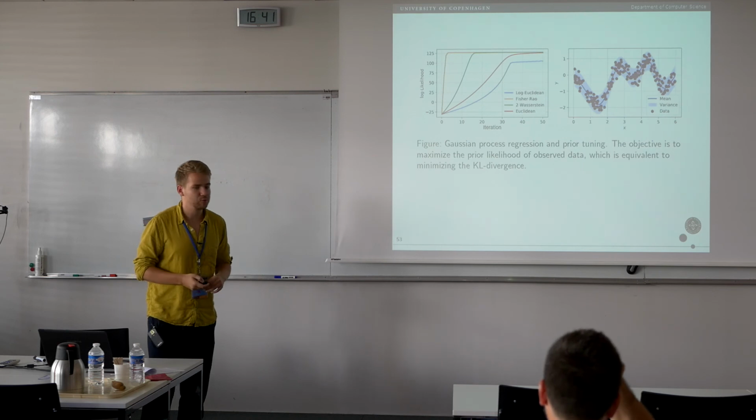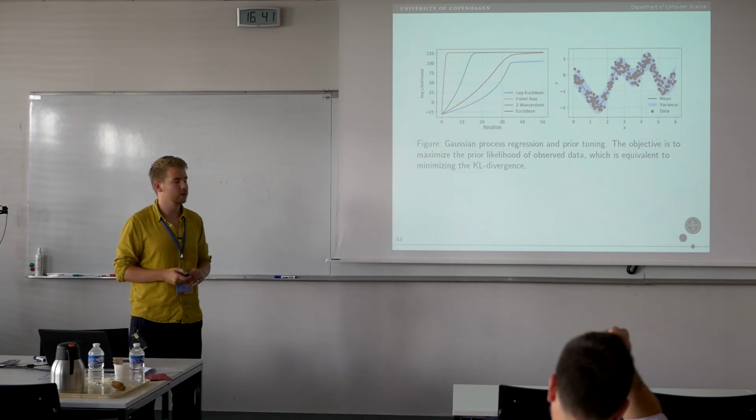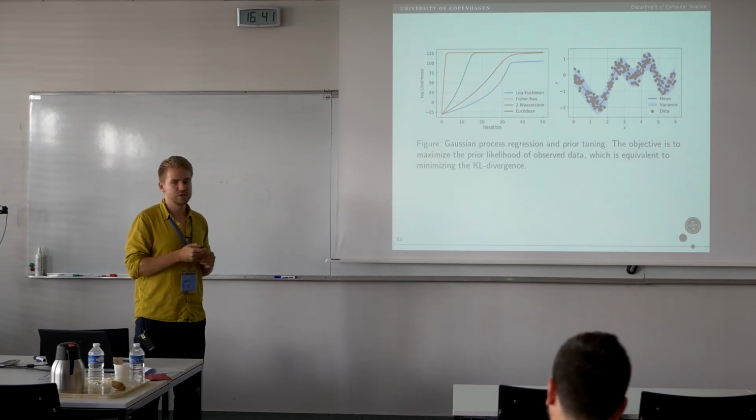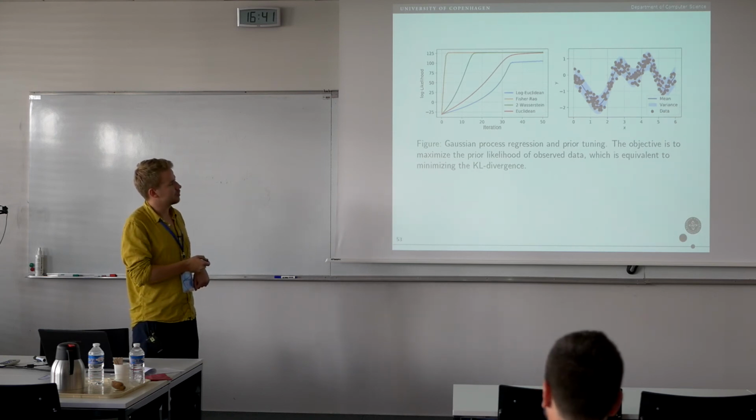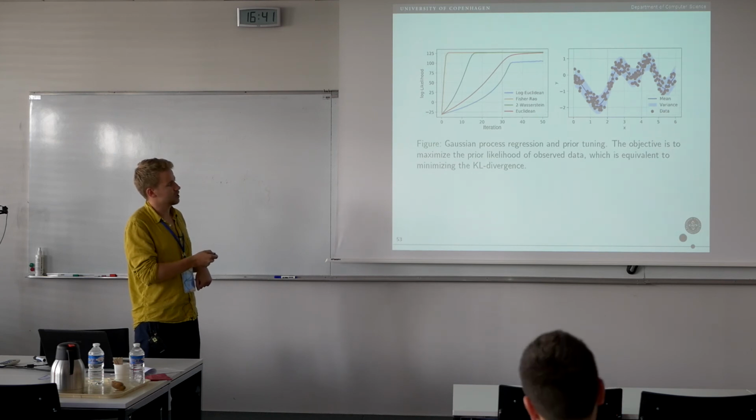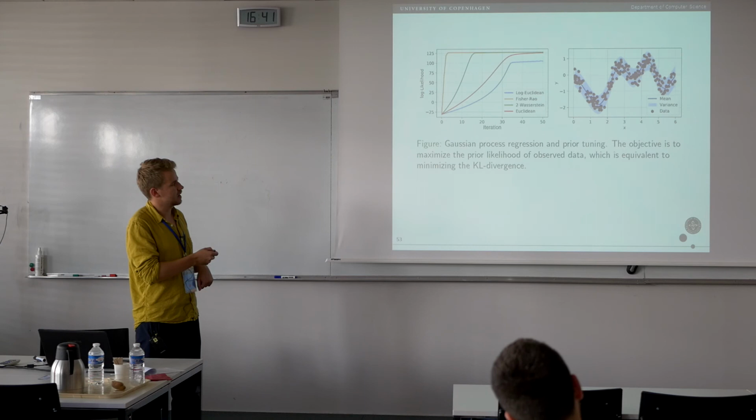And when we run a simple toy example where we use these Finslerian natural gradients, we wanted to maximize the prior likelihood of a Gaussian process model in Gaussian process regression. So we have this data set given by these black dots, and then we want to fit this Gaussian process.